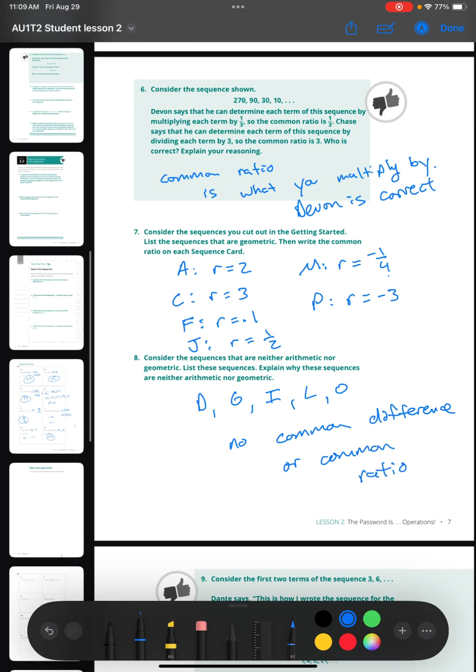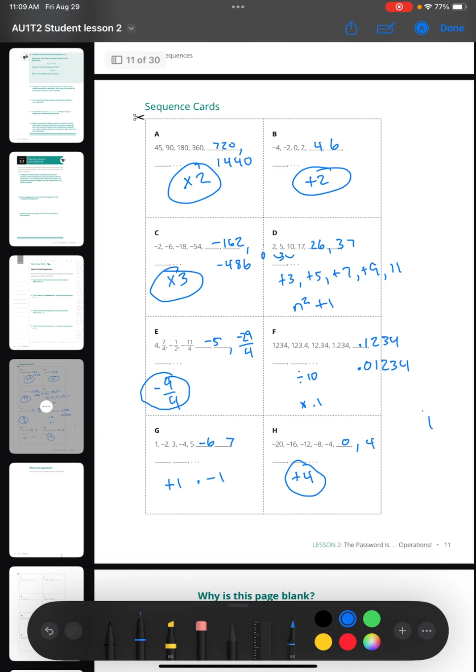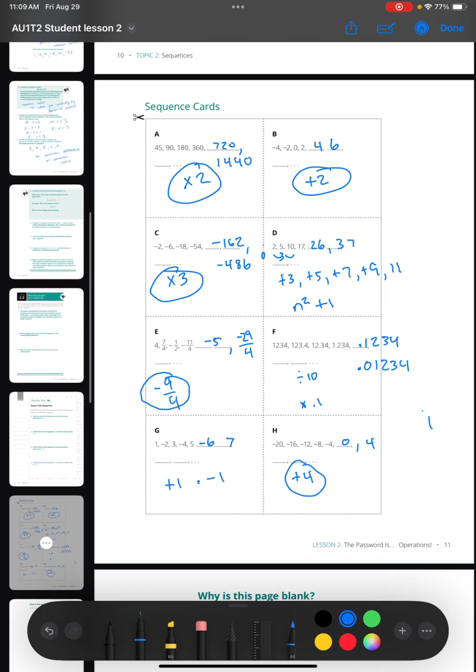I'd like to give an example. For instance, D was that one we said went up by 3, then up by 5, then up by 7, up by 9. There's no common difference there. It's going up by different amounts each time.